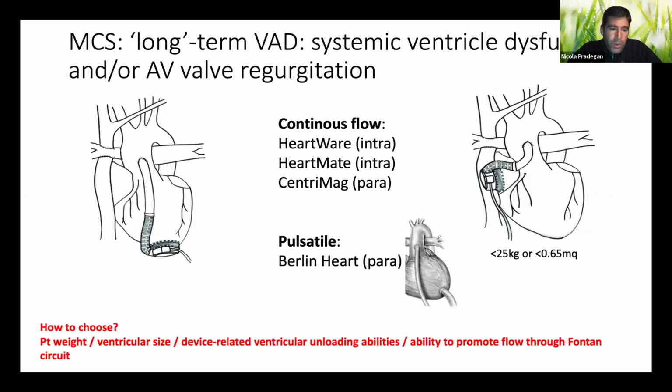How to choose: patient weight, ventricular size, device-related ventricular unloading abilities, as well as the ability to promote flow through the Fontan circuit.